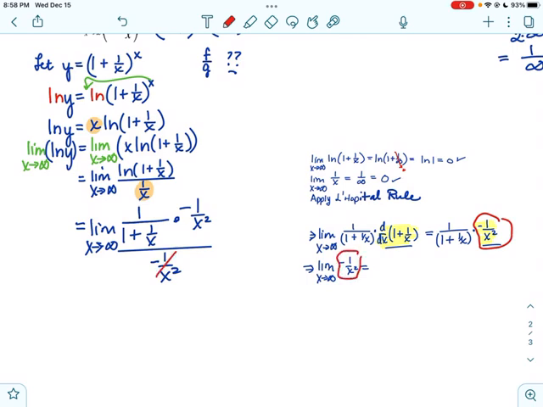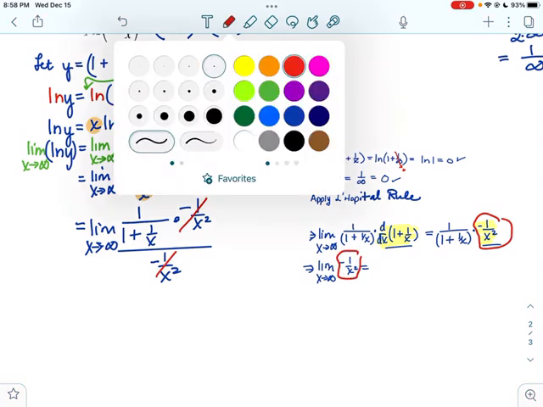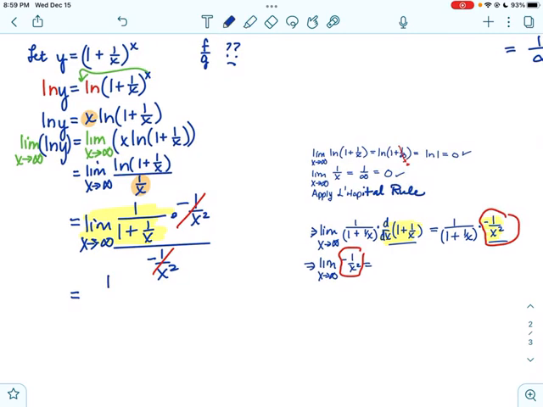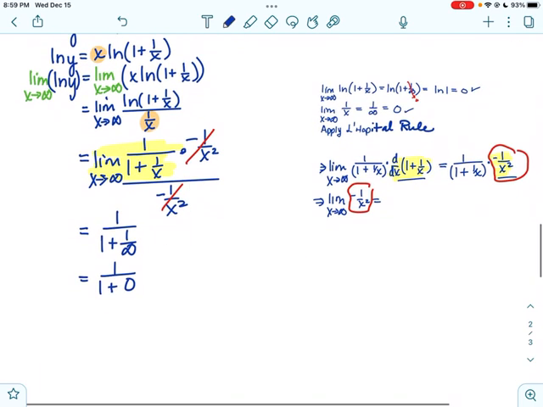The limit as x approaches infinity then only involves this expression. So we get 1 over 1 plus 1 over infinity, which is equal to 1 over 1 plus 0, which is equal to 1 over 1, which is equal to 1.